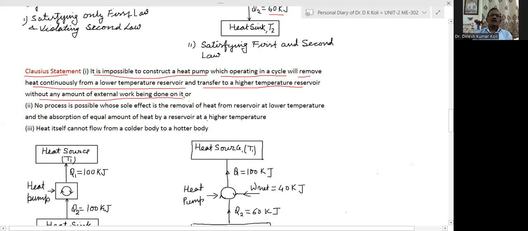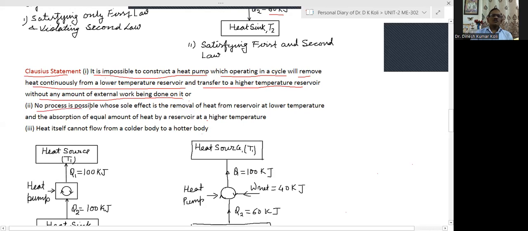Which means a heat pump will remove heat from the low temperature reservoir and pump it to the higher temperature reservoir without requiring any external or additional energy. Or no process is possible whose sole effect is the removal of heat from a reservoir at lower temperature and the absorption of an equal amount of heat by a reservoir at higher temperature.